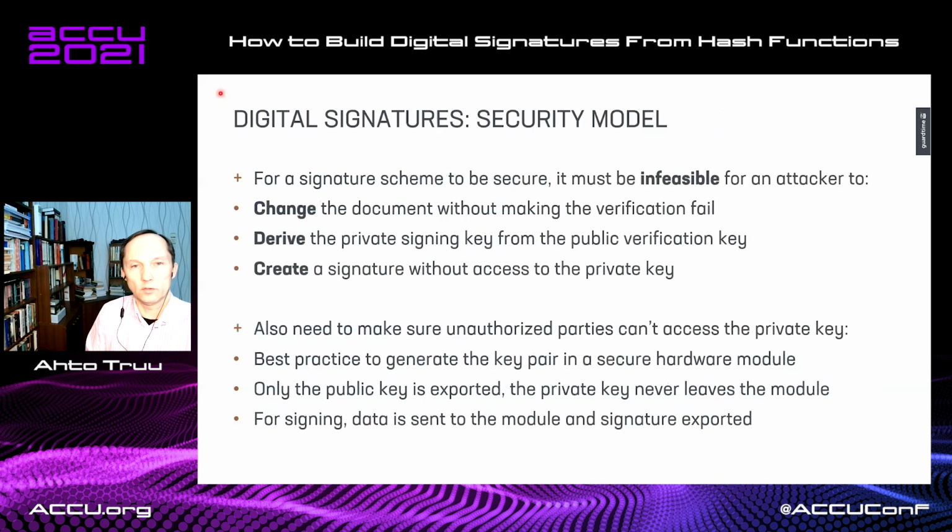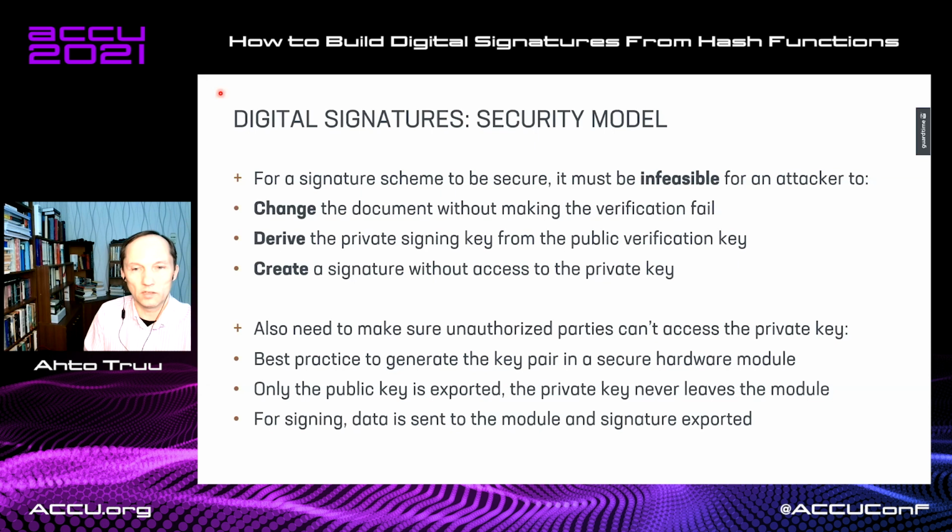And we get then to the security model, which I already briefly mentioned before. For a signature scheme to be usable and secure, it must be infeasible for an attacker to change a document without making the verification fail. And since the security depends on only the signer having access to the private key, it should be infeasible for an attacker to derive the private signing key from the public verification key, because the public key is intended to be publicly available to everybody who wants to verify the signatures.